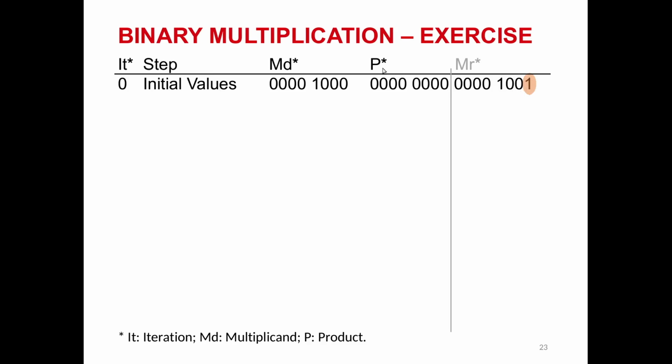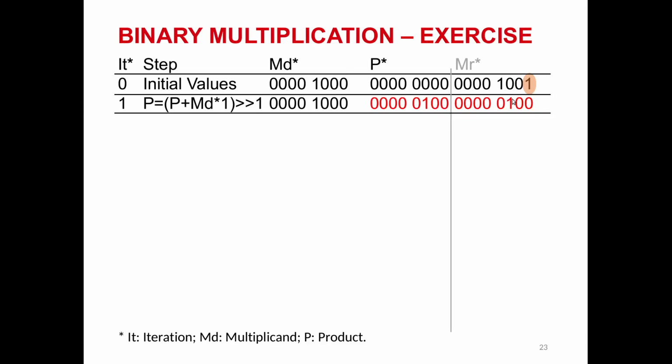So we know that the high part, or the most significant 8 bits part of the product, needs to be added together with MD before shifting all the result 1 bit to the right.